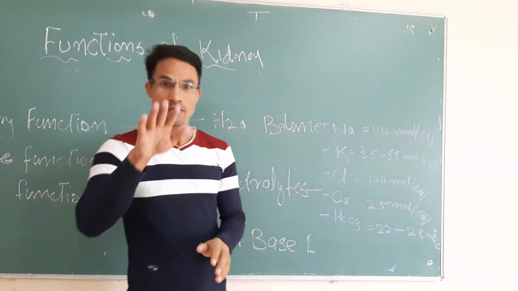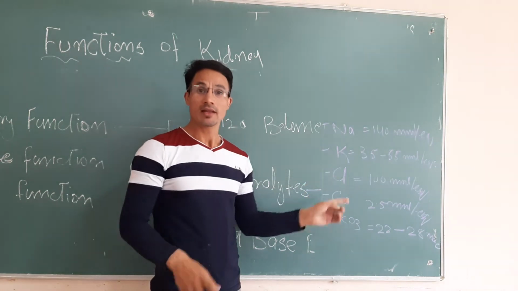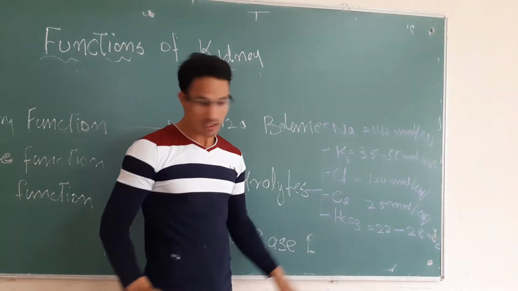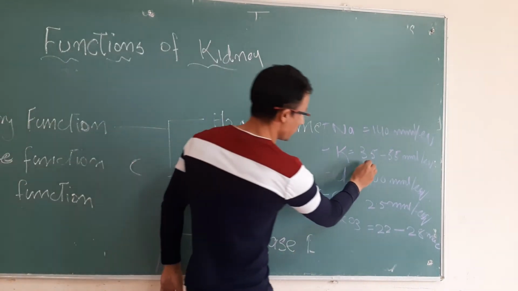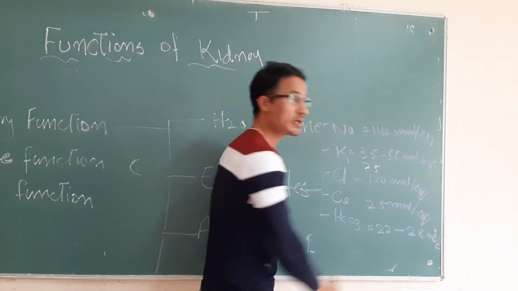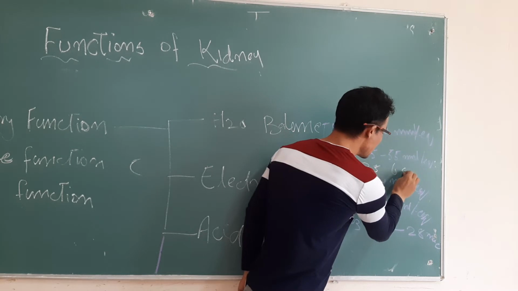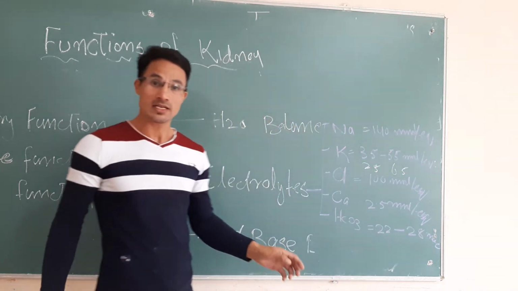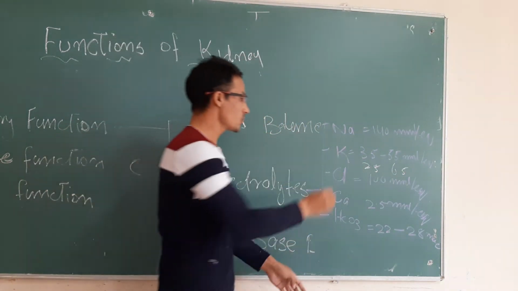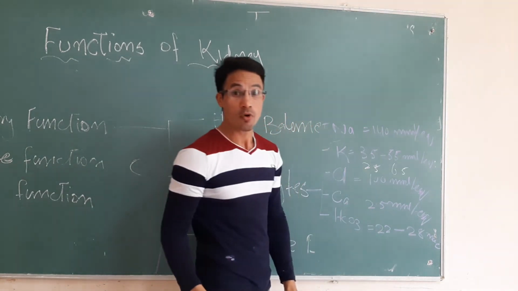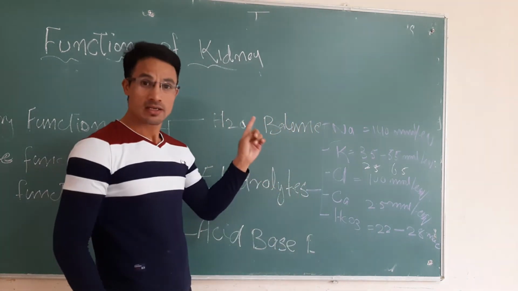If there is fluctuation in this potassium level, the patient can die. If it goes to 2.5, it is dangerous for the patient. If it increases to 6.5, that is also dangerous for the patient. So potassium is a very important electrolyte present in the body.